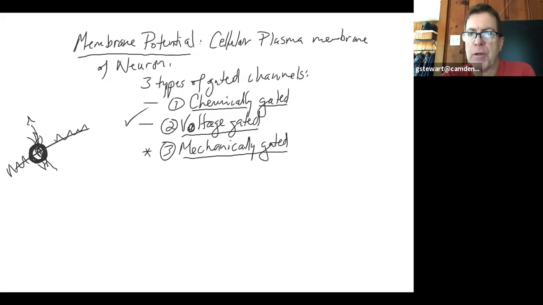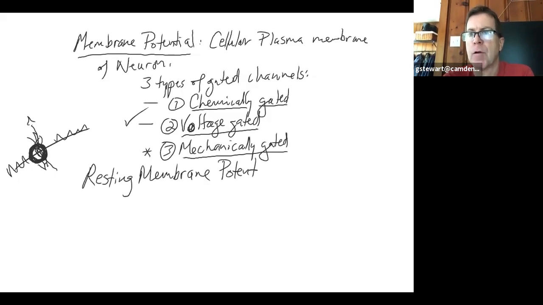So just to build up a vocabulary of how a neuron is actually going to fire an electrical impulse, we need to define some things. So I'm going to write resting membrane potential. We're building up a vocabulary list, a dictionary of how we're going to understand this material.